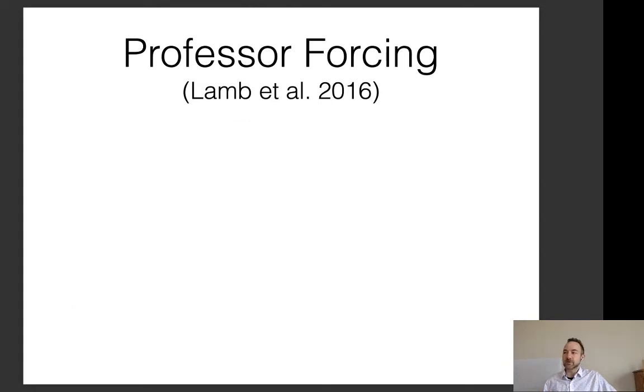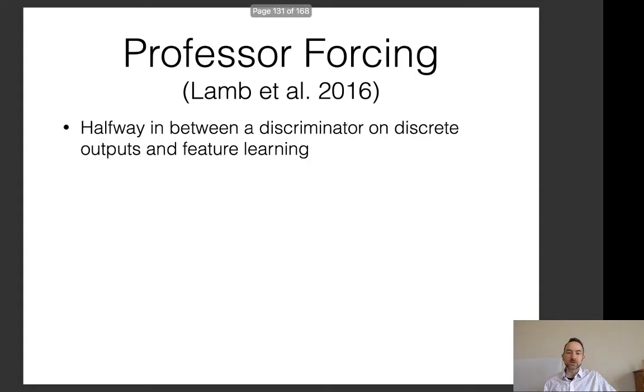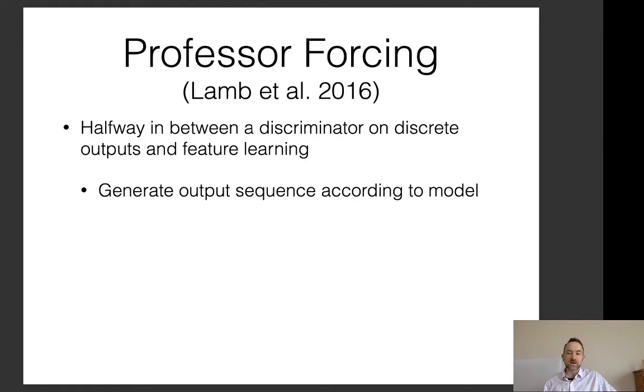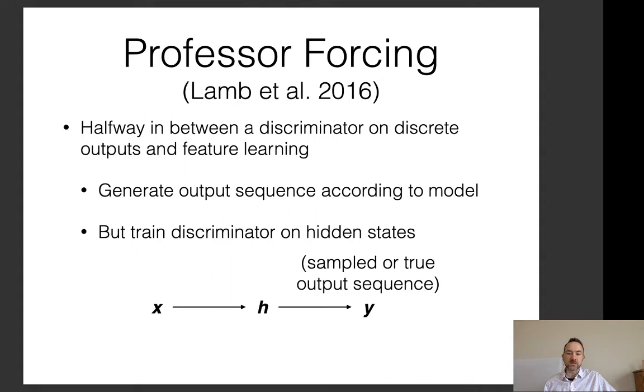Another example is something called professor forcing. This is a little bit like a generative adversarial network. But basically the idea is that we generate an output sequence according to the model, but train the discriminator on hidden states. So basically we have a sampled or true output sequence here, and then we have an adversary on the hidden states.